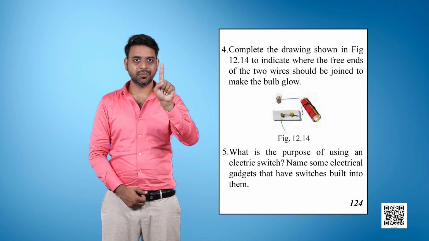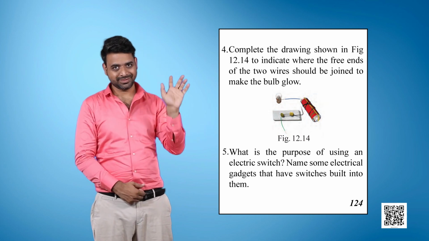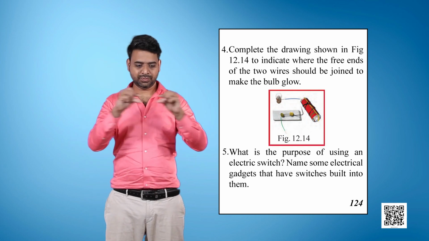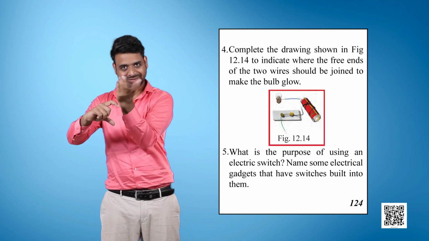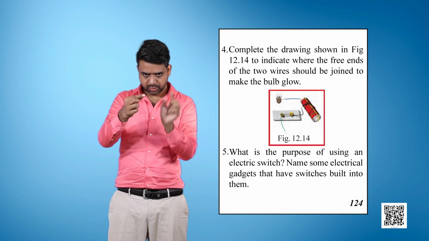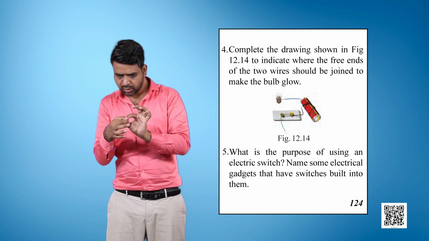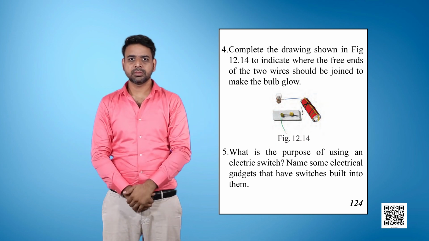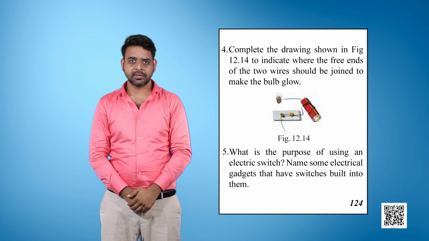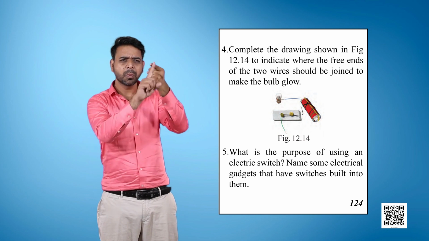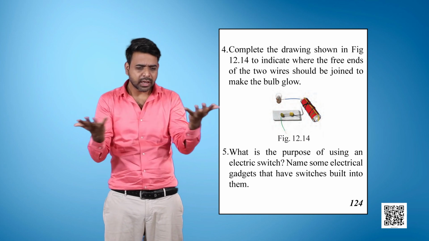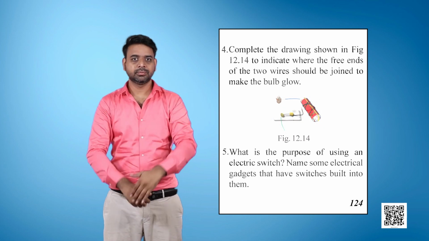Complete the drawing shown in figure 12.14 to indicate where the free ends of the two wires should be joined to make the bulb glow. 5. What is the purpose of using an electric switch? Name some electrical gadgets that have switches built into them.